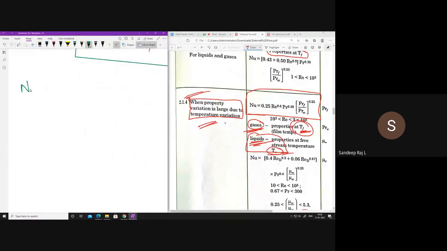The Nusselt number is equal to 0.25 into Re power 0.6 and Prandtl power 0.38 into (Pr_f by Pr_w) whole to the power of 0.25. Here you can see Pr_f and Pr_w. Pr_f means the Prandtl number calculated at film temperature, and Pr_w is the Prandtl number at wall temperature.